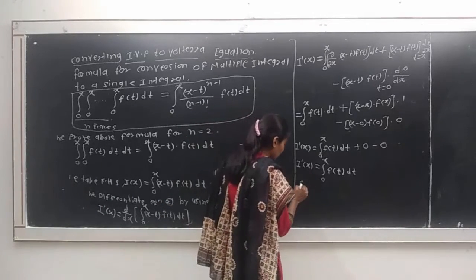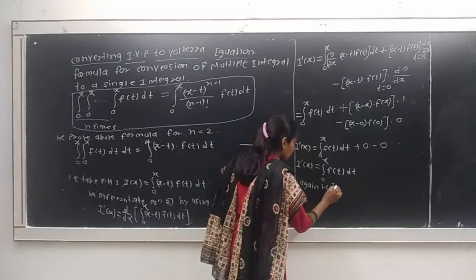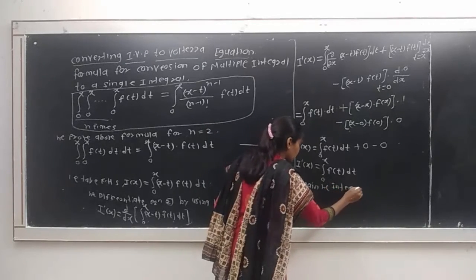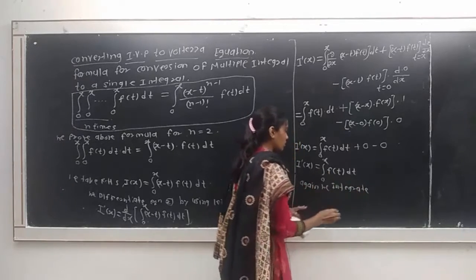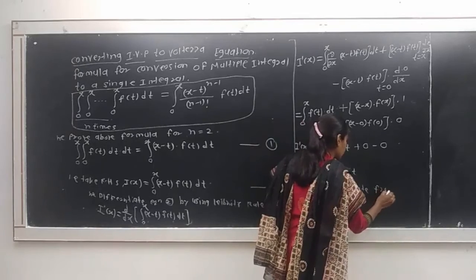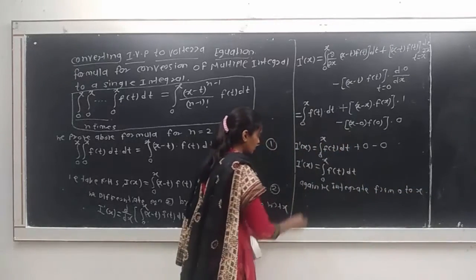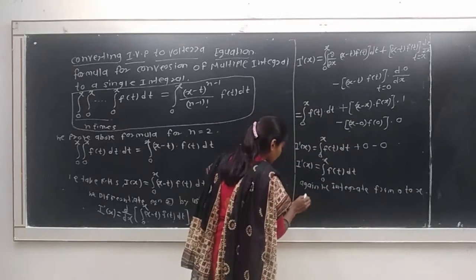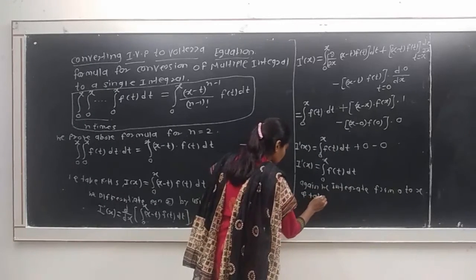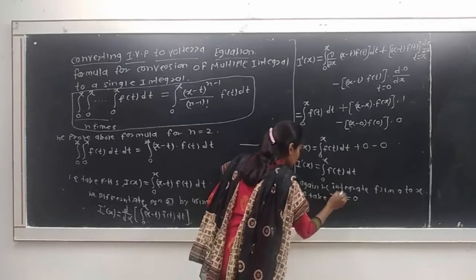Then again we integrate the above equation, integrate from 0 to x, and take I of 0 is equal to 0.